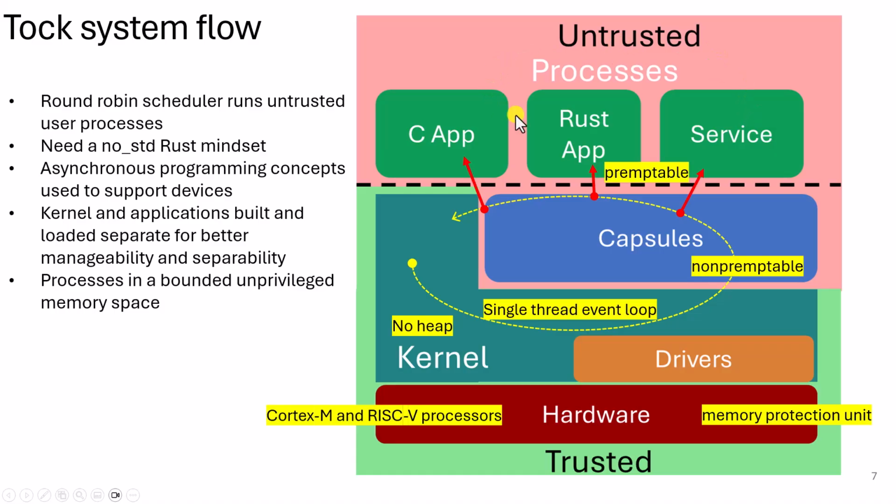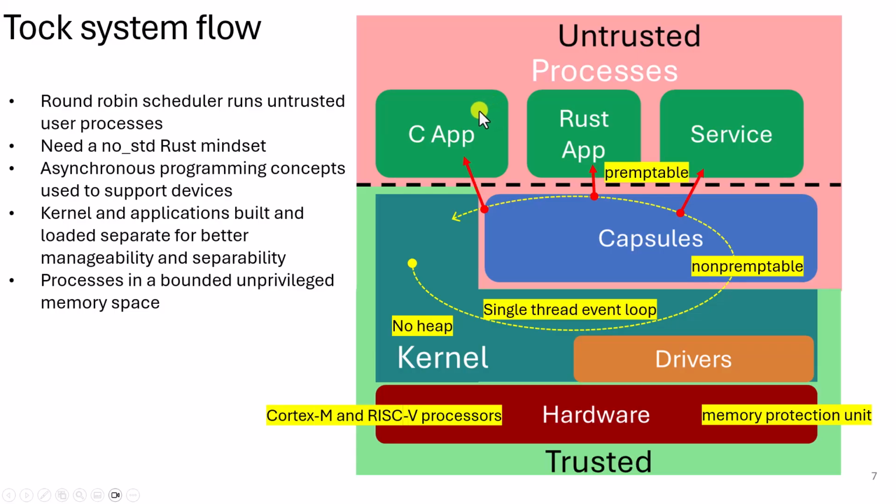And that's one of the properties that all of these processes share: the operating system considers them untrusted. So they don't have direct access to the data structures in the kernel. And this untrustedness is enforced with memory protection units.